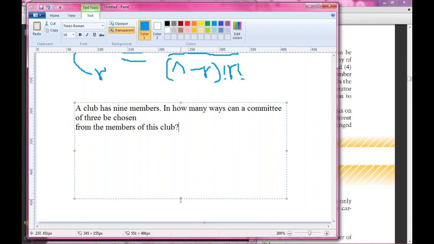Mind you, most times it is hard to differentiate between permutation and combination, because sometimes the questions come looking similar.